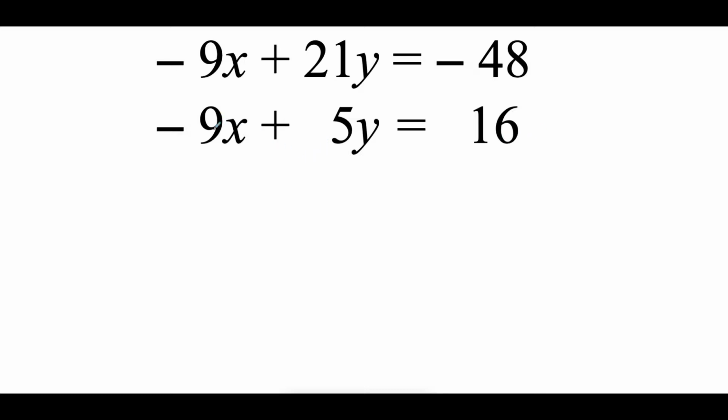So I could change this -9x to a positive 9x. I could turn this plus 5y, well, if I change the sign there, that's going to turn into a minus 5y. And on the right-hand side, if I change the sign in front of a 16, that's going to turn into a -16. So I'm going to cross off that equation because we've changed the signs, and we've changed it into this new equation.